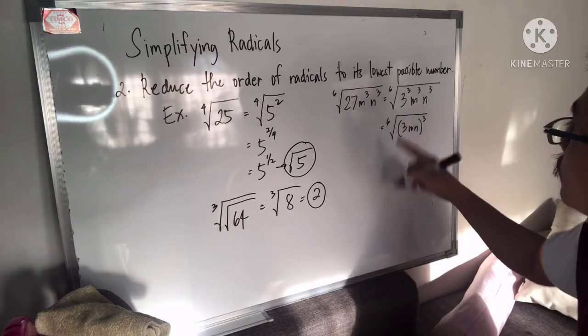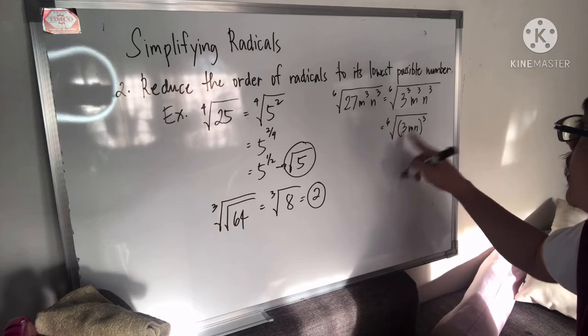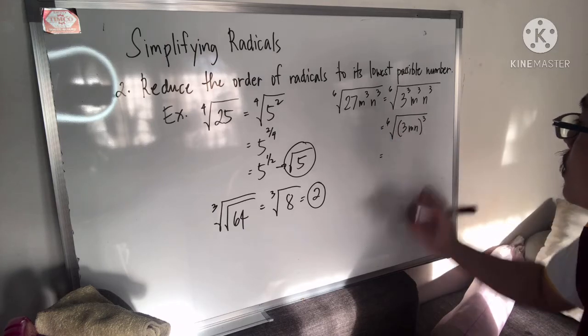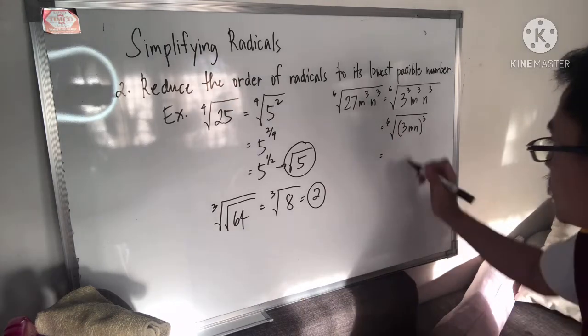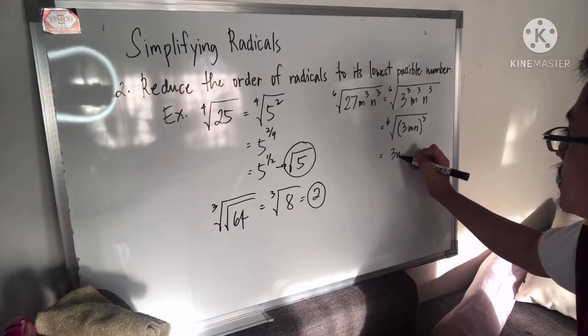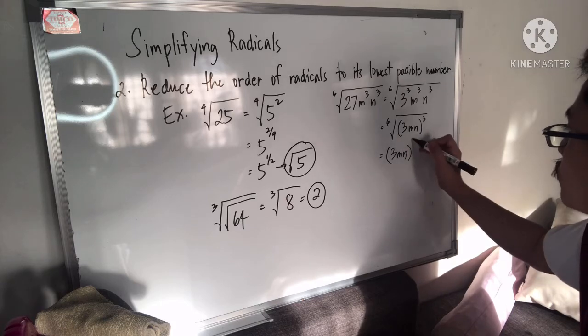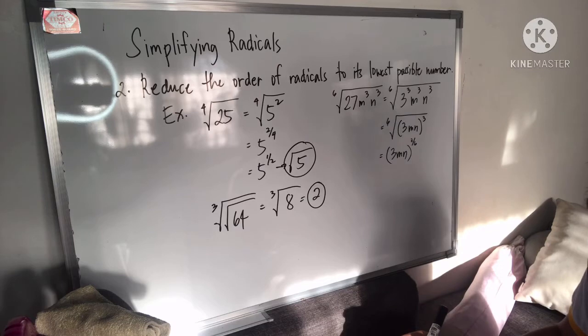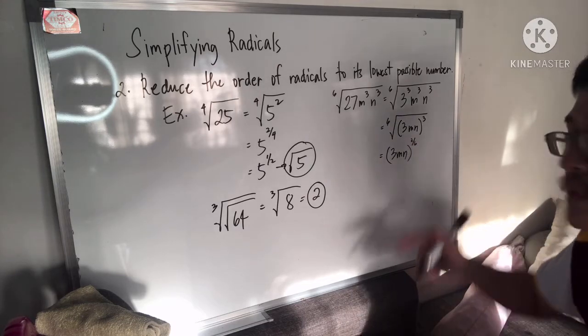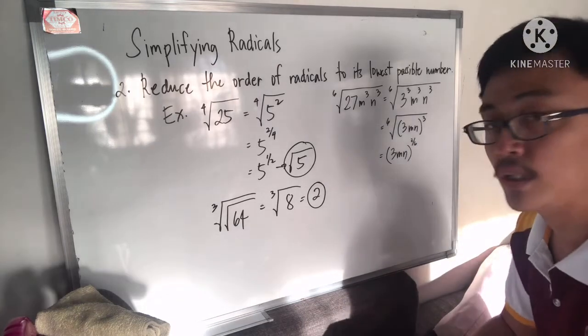Then, we're going to convert this radical to a rational exponent. So, this becomes the quantity 3mn raised to 3 over 6. And then 3 over 6 can be reduced to its lowest term.